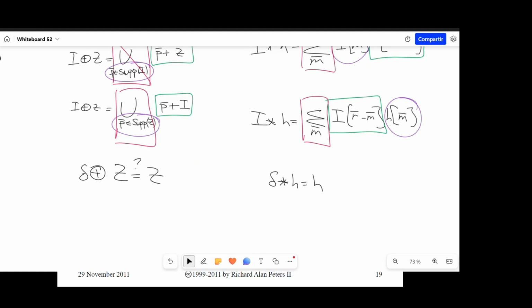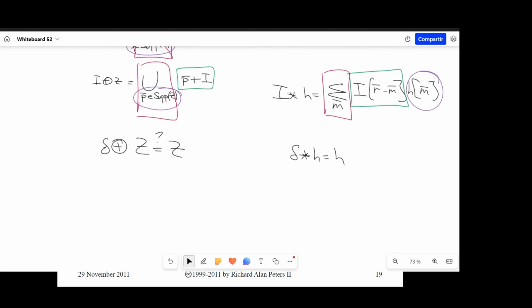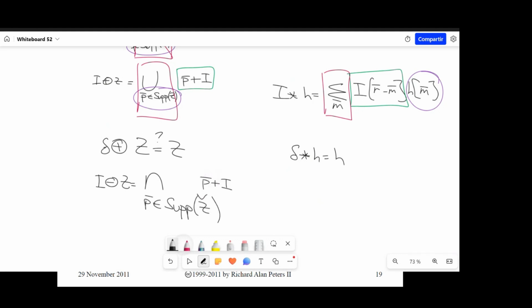So I will write only one of them. It is the intersection over all the points of the support of the reflected kernel, of the image shifted. So again, it has the same structure as this one.